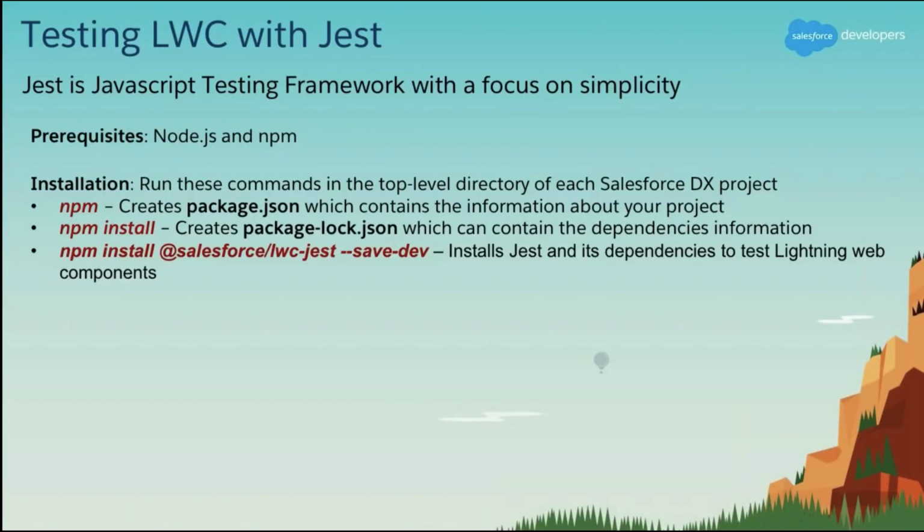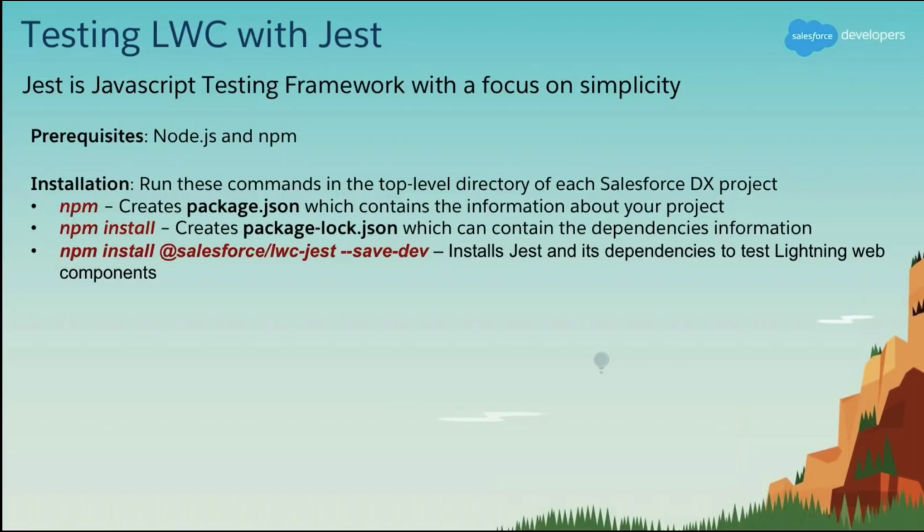Installation is pretty simple. You need to run 3 commands. One is npm init, the other one is npm install, and the third one is npm install @salesforce/lwc-jest. We run these commands at the top level directory of your project. We do it for each project so that we load dependencies only for the project, and then use those dependencies from the project.